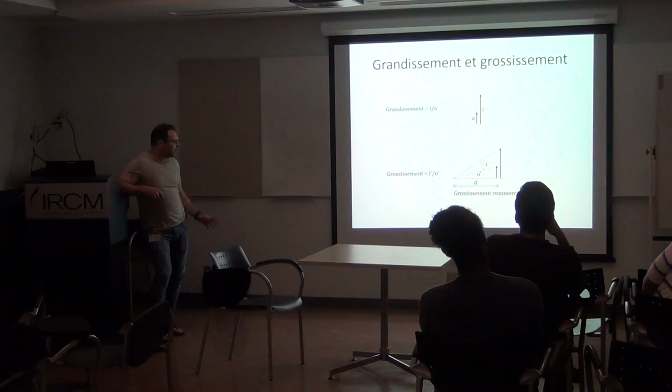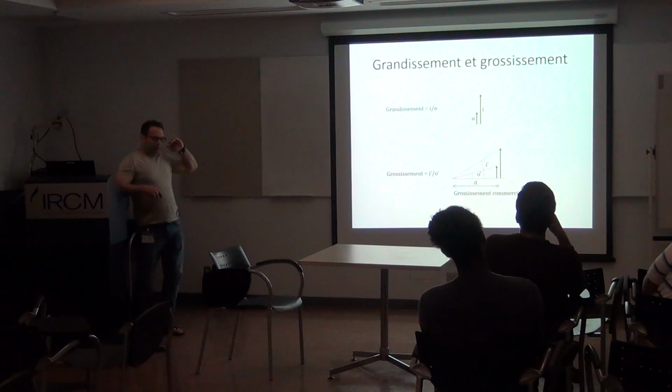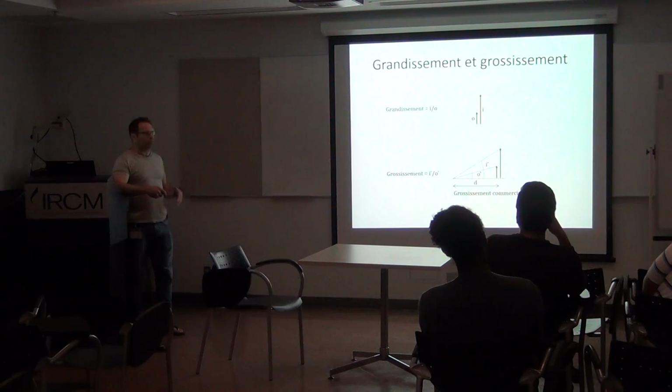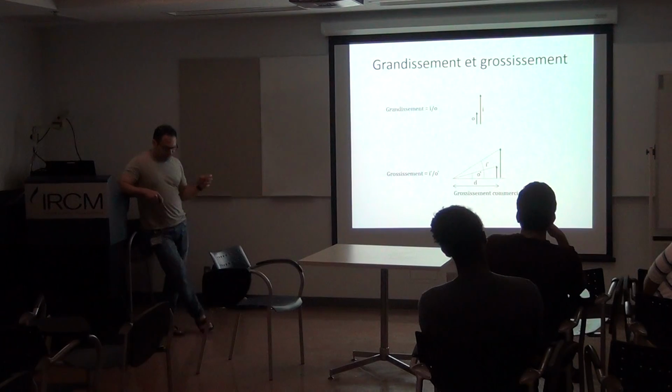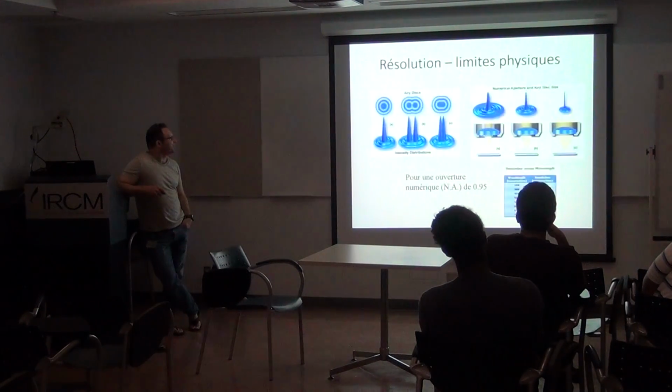And when you take an image in microscopy, the distance at which you see the image is defined to be 25 centimeters. That's how we can know the size of an object, because it's defined like this.